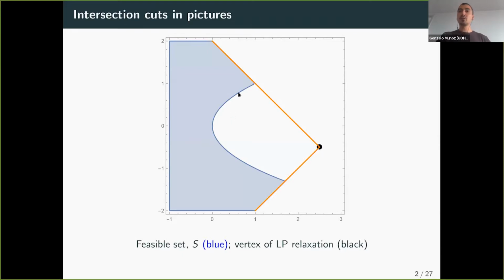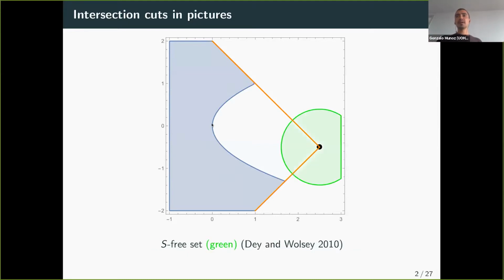Suppose that you want to optimize over this blue region, which is non-convex, and then using some LP-based method, you get a relaxation and you get this black point right here. So you want to separate that point from the blue region. What the intersection cut paradigm does is construct what we call an S-free set.